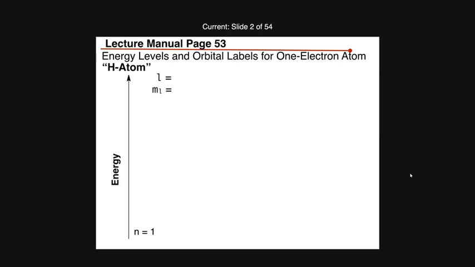I'm going to take a look at the hydrogen atom first, which is the simplest atom because it contains only one electron and one proton. The graph that we are going to plot has energy on the y-axis. The energy goes from lower to higher, so the arrow indicates that energy is increasing.